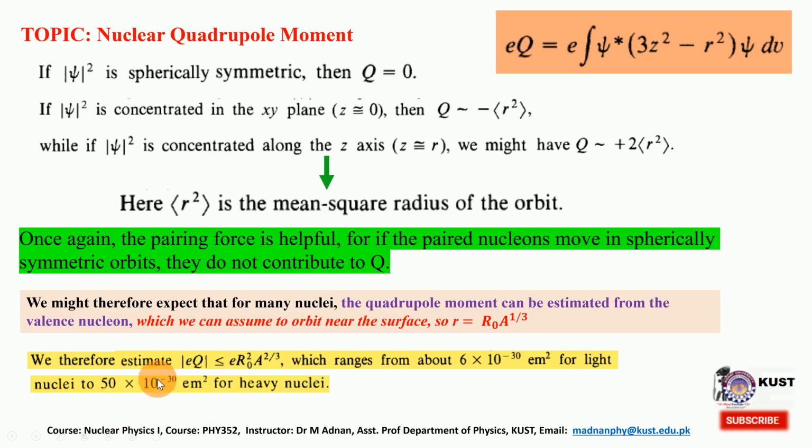Also this is important, but when we are talking about the quadrupole moment, this is also a handy number to work with. The range lies in this 6 to 50 times 10 to the power minus 30. As I told you, it is not always the case that these valence nucleons give rise to the quadrupole moments.